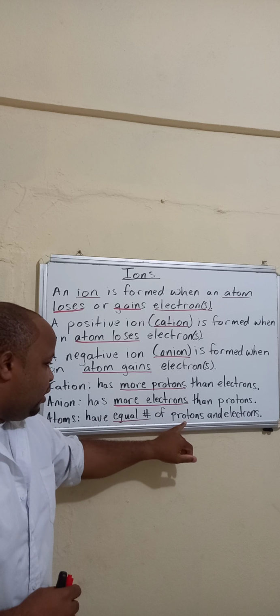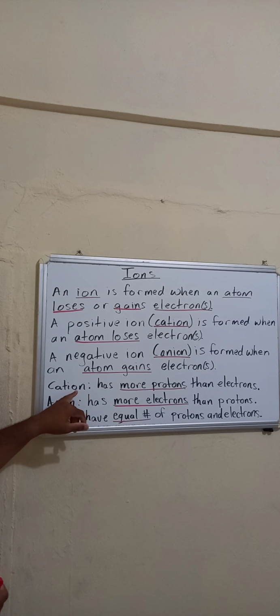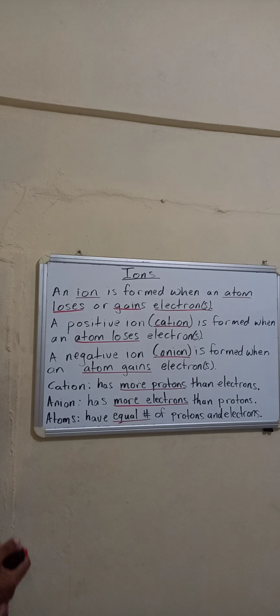So it is when these two become unequal that we either get a positive ion, the cation, or a negative ion, which is the anion. So we're going to work some examples now of both the cations and the anions.